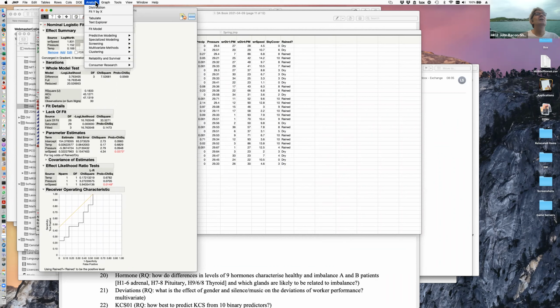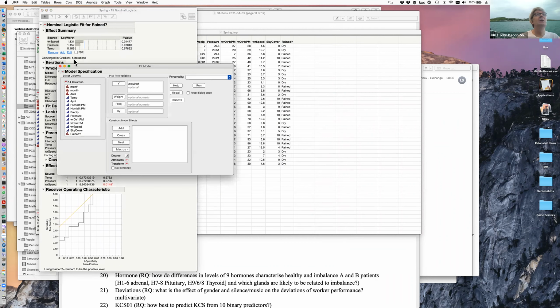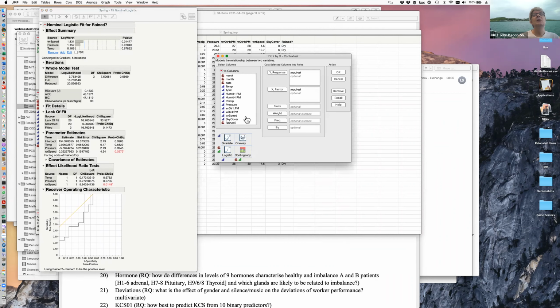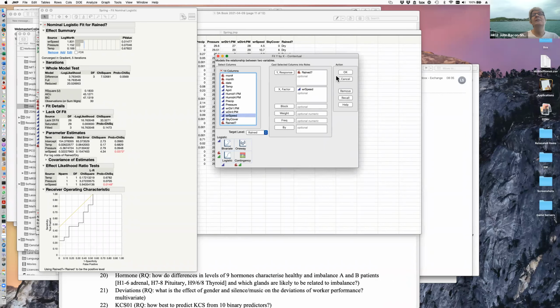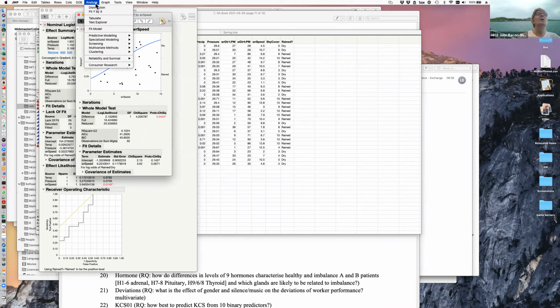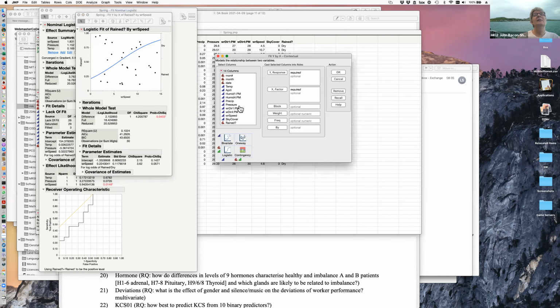Let me do 2 fit y by x models. So we did rain or not against wind speed. We could compare this to the model where we try to predict the amount of precipitation against the wind speed.